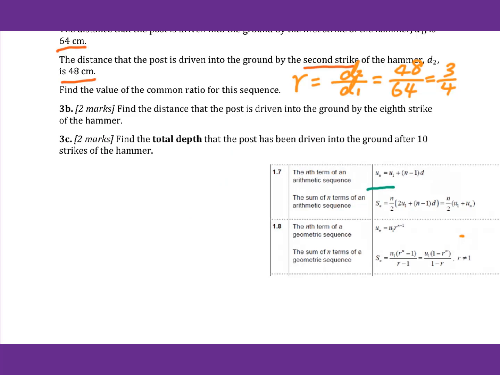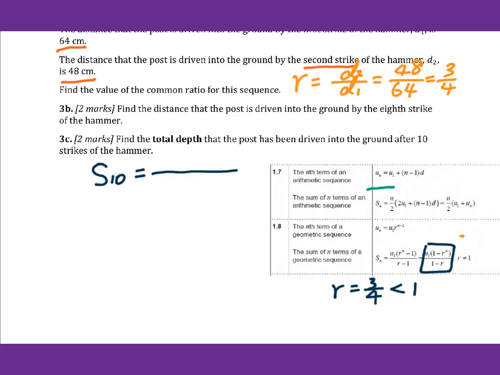3c. Find the total depth that the post has been driven into the ground after 10 strikes of the hammer. We are looking for S sub 10. Since this r equals 3 over 4, less than 1, we use this formula.